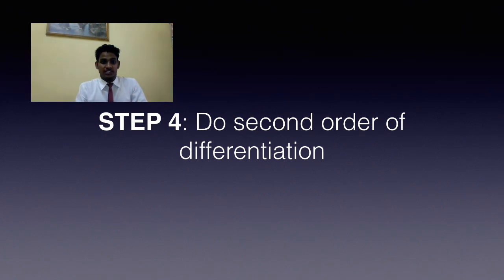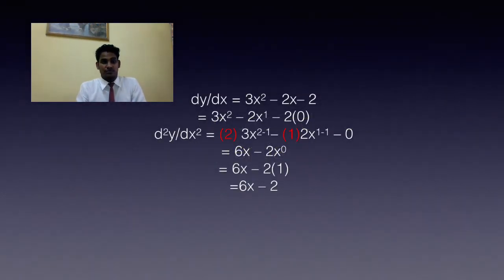As you see in the calculation, dy over dx equals 3x power of 2 minus 2x minus 2 will be changed into 2 bracket 3x power of 2 minus 1, minus 1 bracket 2x power of 1 minus 1, minus 0, because when we do the second order differentiation, all the powers are brought to the front, and the 2 becomes 0 because it has no unknown. We get 6x minus 2x power of 0. As we know, x power of 0 is 1, so we get 6x minus 2 bracket 1. The final answer is 6x minus 2.